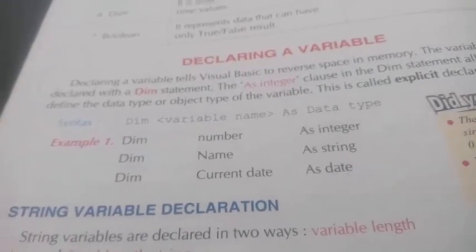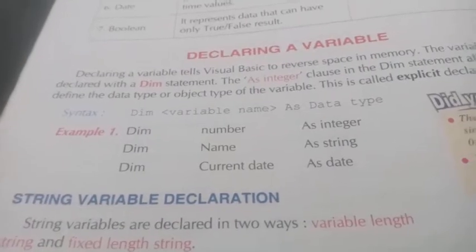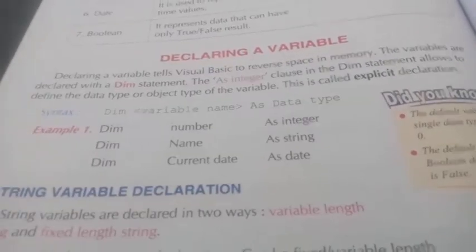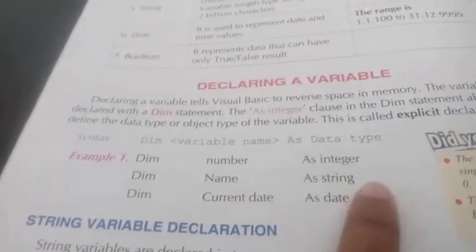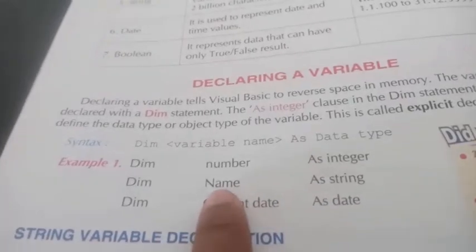So Integer, String and Date are data types. Here you can say type of data, which type of data you need to enter. String type is stored in name.